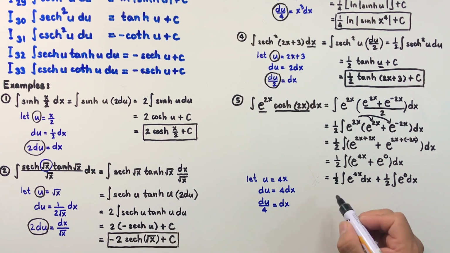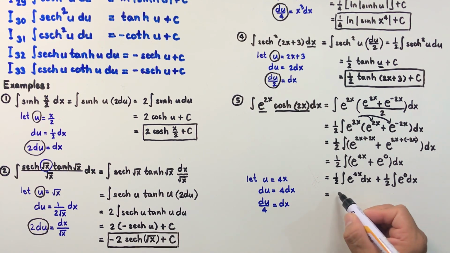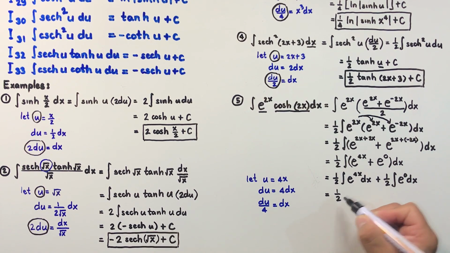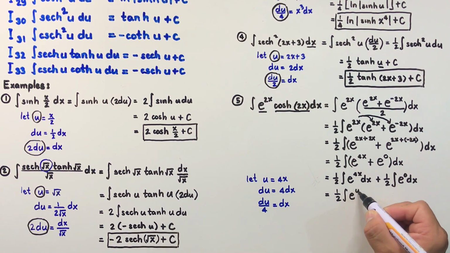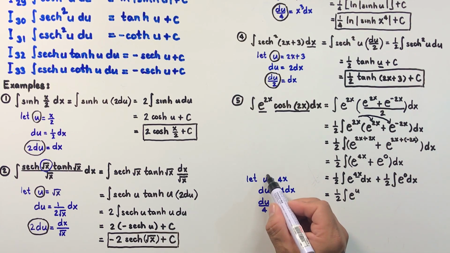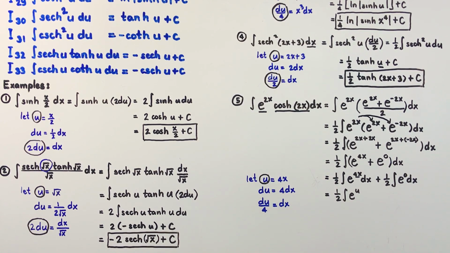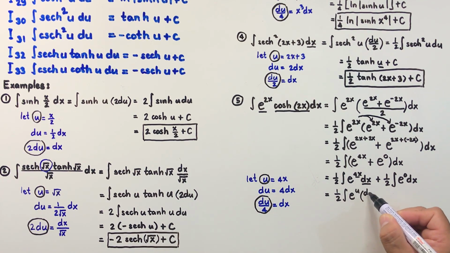So therefore, by substitution, we have 1/2 of the integral of e to the power of u, because our 4x is our u this time, and our dx is du over 4. So instead of writing dx, you will write du over 4.